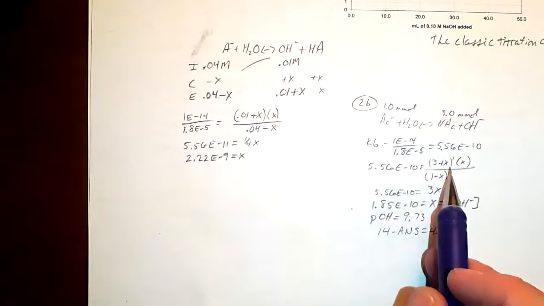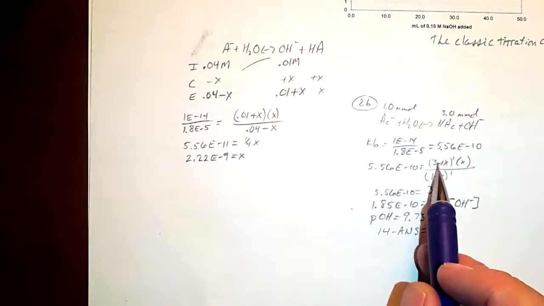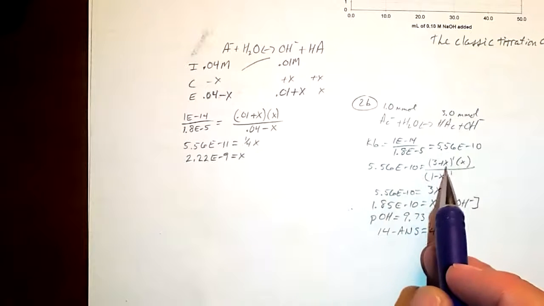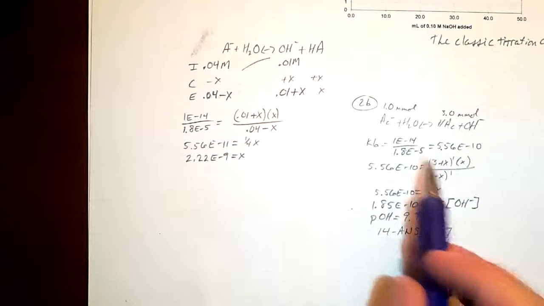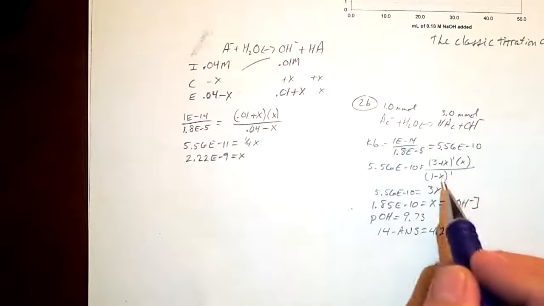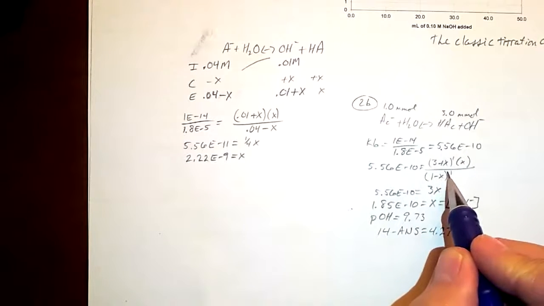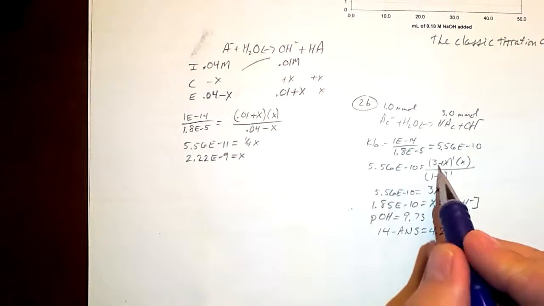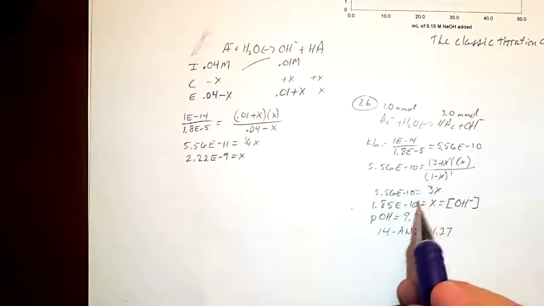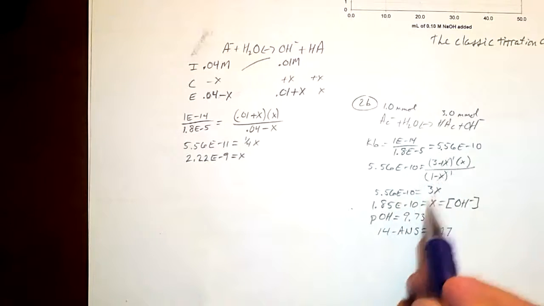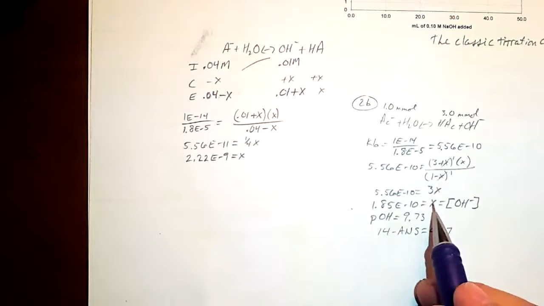Now I have Kb, and I have my products over reactants, to the power of the number in front, except I'm going to be gaining on this one and losing X amount on this one. But you know what? It's immaterial. Let's cross those out. So we get 3 times X. So I divide by 3. Here I get 3X, divide by 3, and I get X. But what is X?